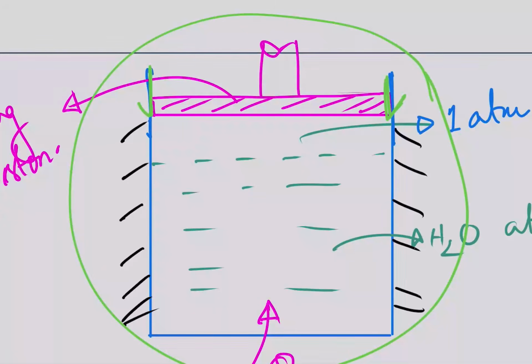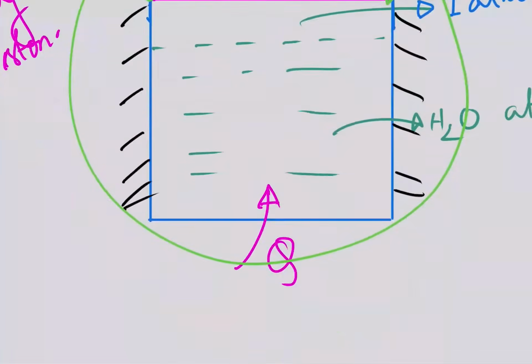If we take the system as both the piston and the cylinder, then we can't assume it, because there will be losses in terms of irreversibilities. Okay, fine.